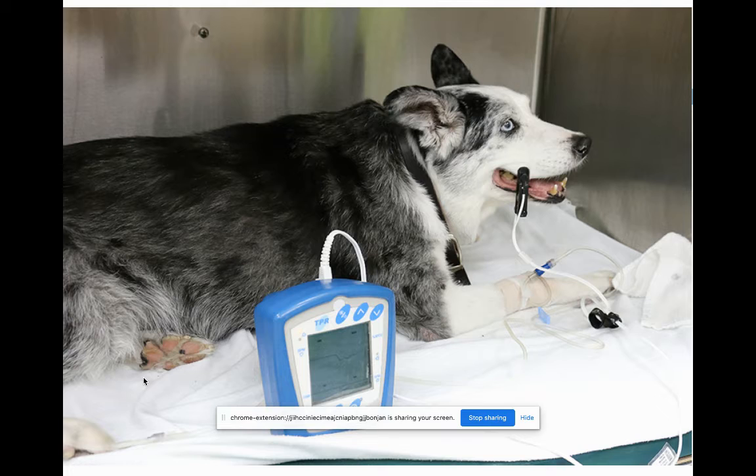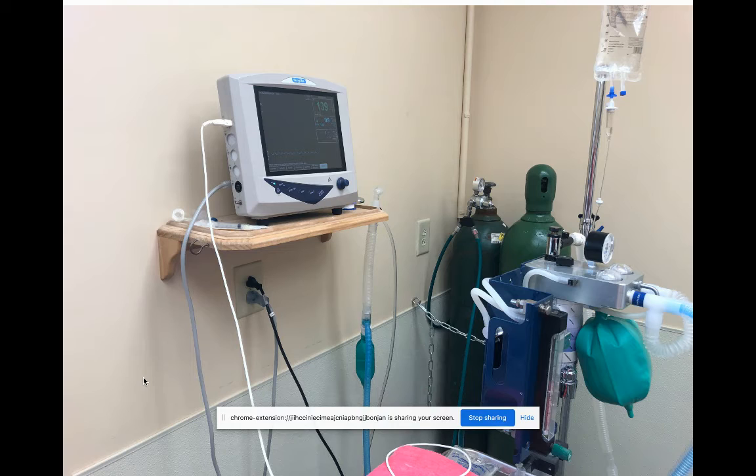In this case, you see a patient here with a pulse ox and monitor simply clipped to the lip of the patient, and you can even see an IV catheter placement in the right front paw as well. The local veterinary clinic uses a machine, as you can see here, to monitor a patient during surgery.